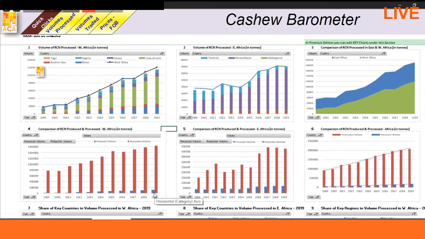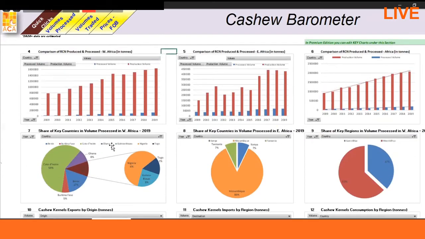So it tells you really huge volumes are being produced in Africa, particularly West Africa, but a very small percentage is processed. It is a similar situation in East Africa, and the overall picture is also indicated here, showing us also the trend in the growth of production compared with that of processing. Clearly, it shows production growing faster than the rate at which we are doing local processing on the continent.